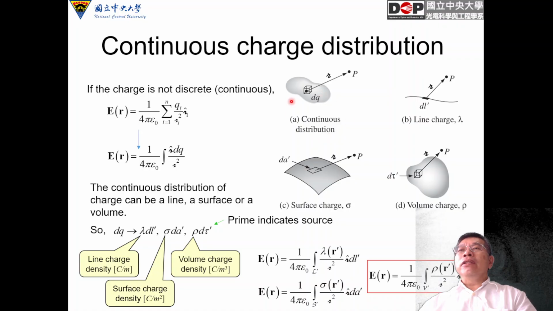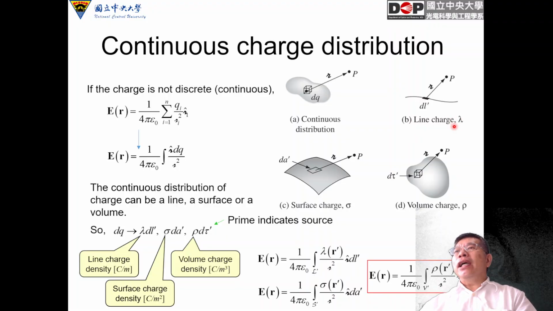This is a volume distribution, so we write things down like this. From time to time, we will encounter things like line charge, the charge distributed along a line. We can do the same thing there too. We have a certain length contributing to the observation point, and of course the distance is still r.